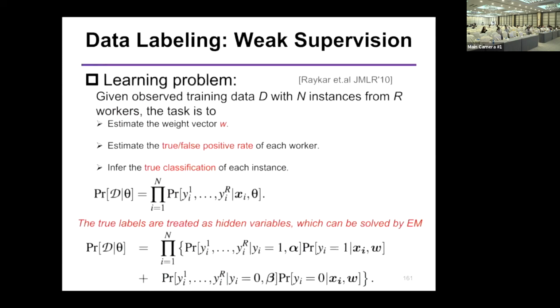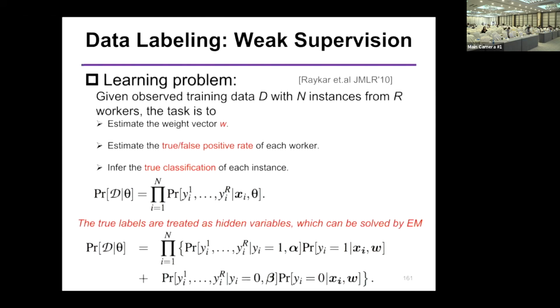Then we come to weak supervision. The first part is learning from imperfect labels. Crowdsourcing also generates many imperfect labels: given one object, you ask five workers to label this, and then you get 5 answers, and you infer based on that.